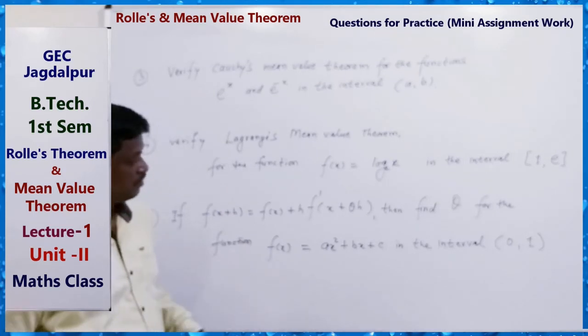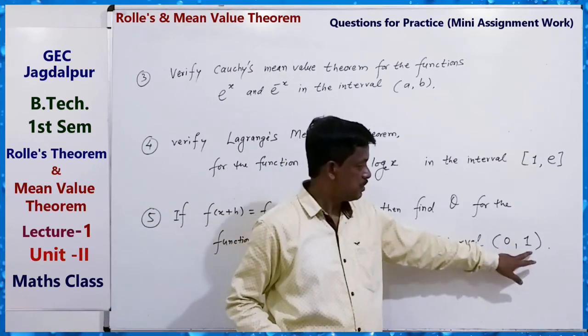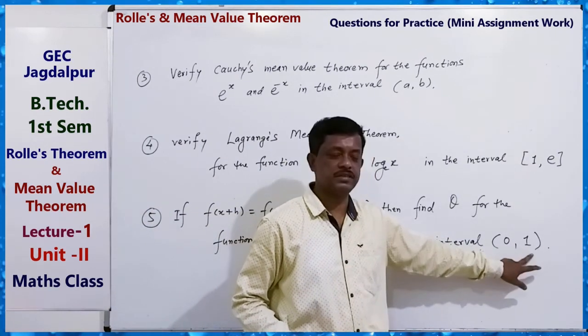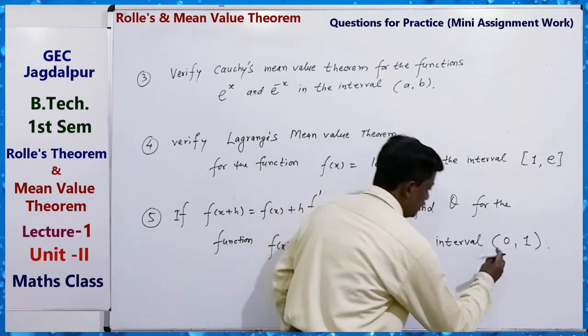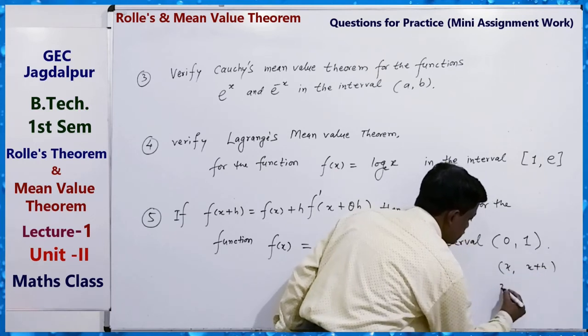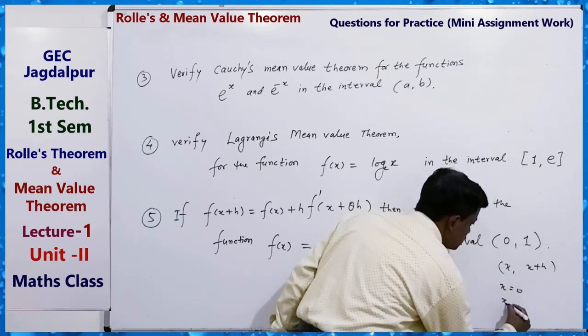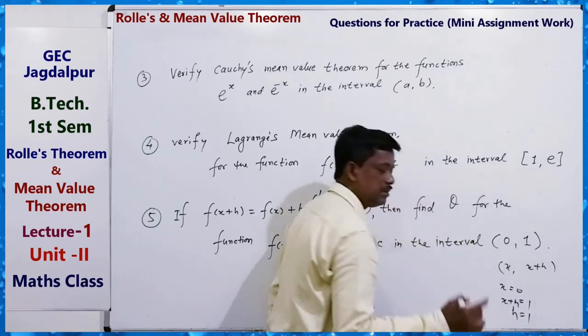Okay, here we take the interval: this is x, this is x plus h. That is, x equals 0 and x plus h equals 1. That is h, so h equals 1.